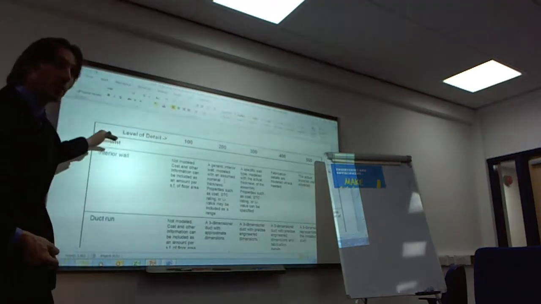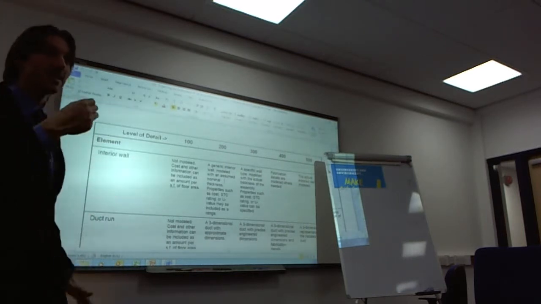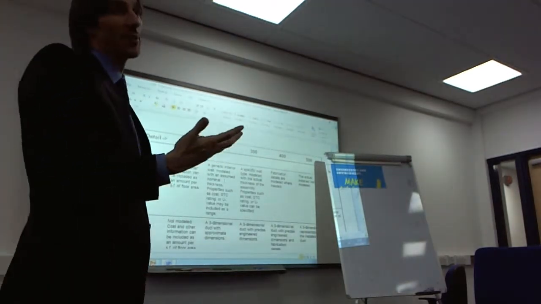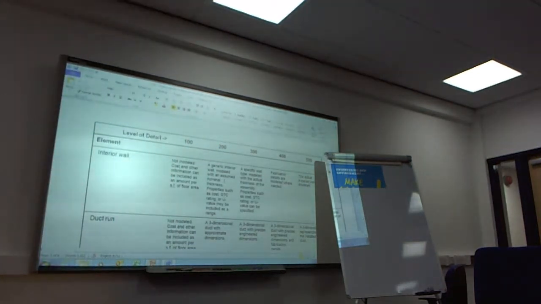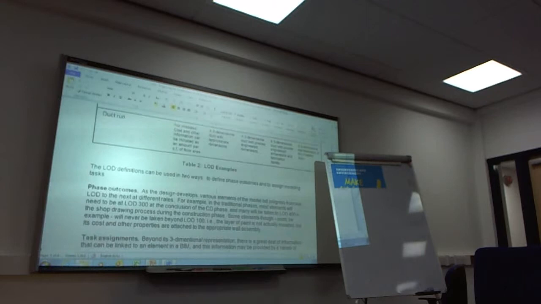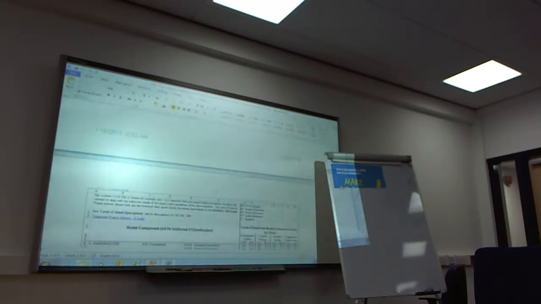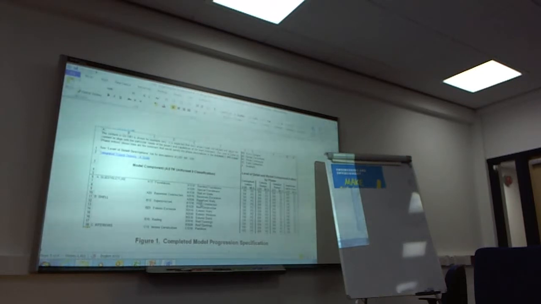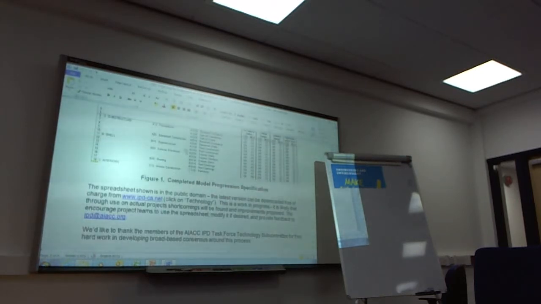So you can actually classify and specify and mandate requirements for different types of objects. Okay, and there are Excel files that help you with some templates, some boilerplate solutions.